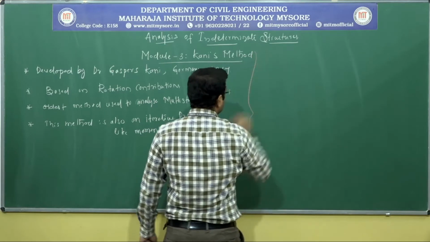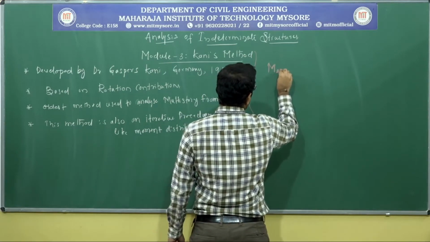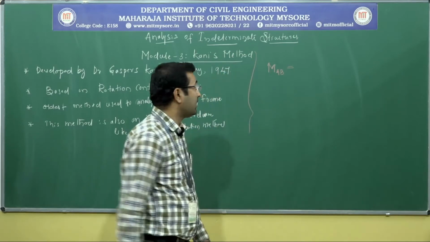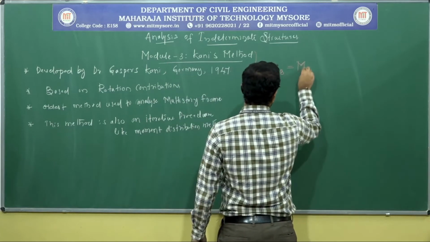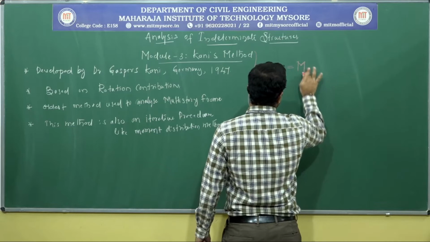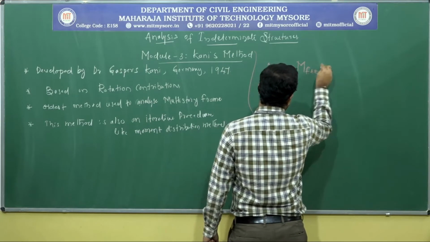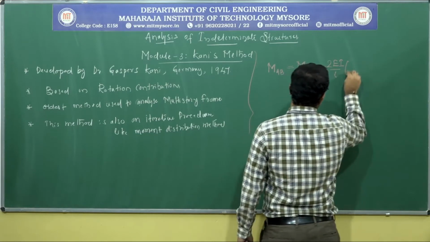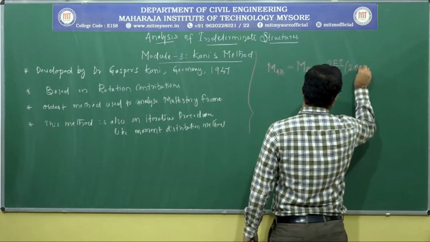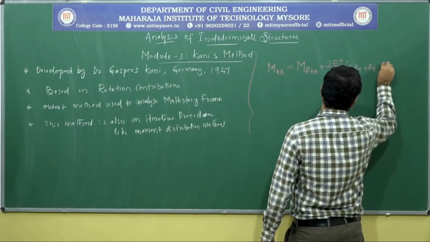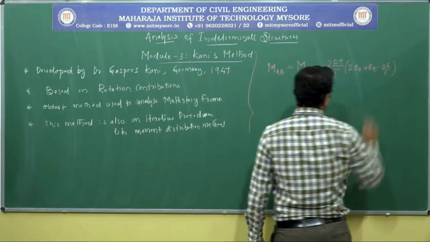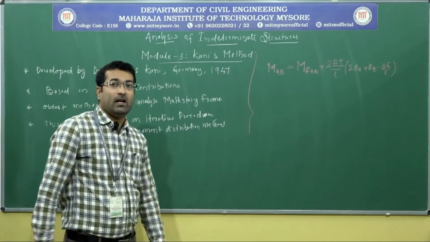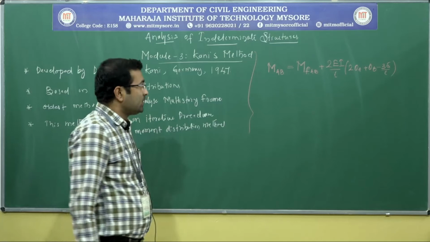To remind you, the slope deflection equation for a span AB, if I want to determine the moment M AB, is MF AB plus 2 EI by L into 2 theta A plus theta B minus 3 delta by L. This was the standard equation used to determine end moments.